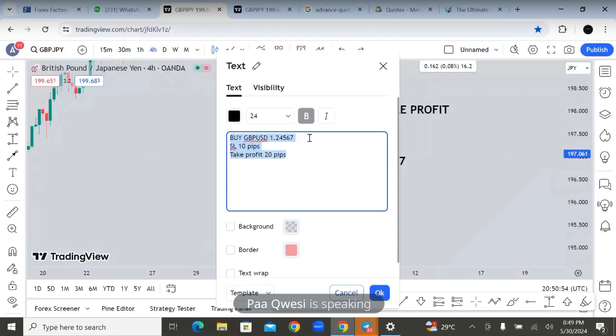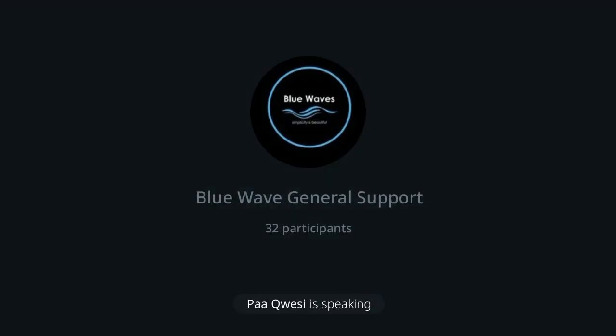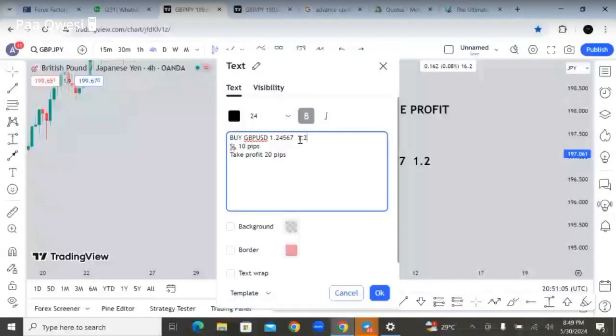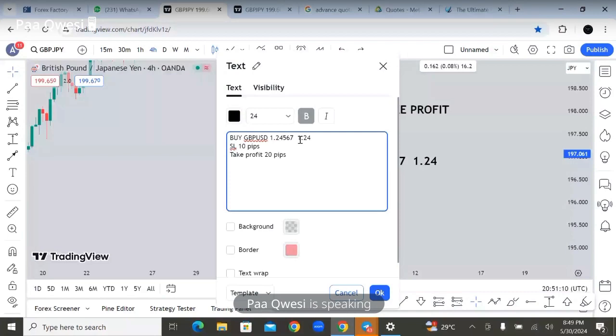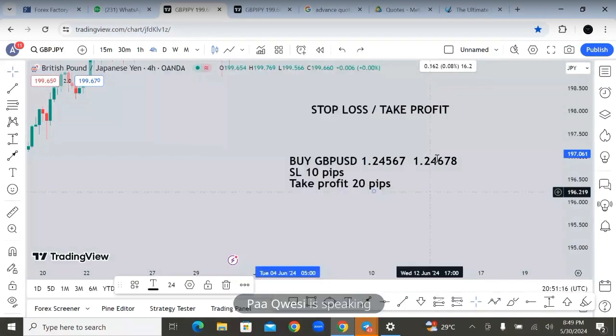So let's say this is the ask price, 1.2424689. If you see this price, this is the bid price and this is the ask price.